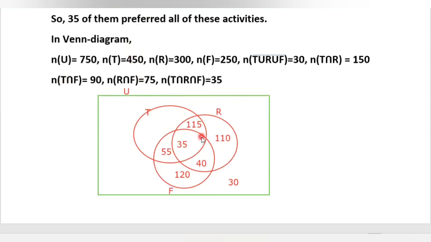Let me add 115 plus 35 plus 55. It's 205, and here you need to subtract 205 from 450, and you will get 245. So I guess you understood, we have done it, completed. This way you can fill up the Venn diagram. So this is the second part of the equation. We have no problem, right?